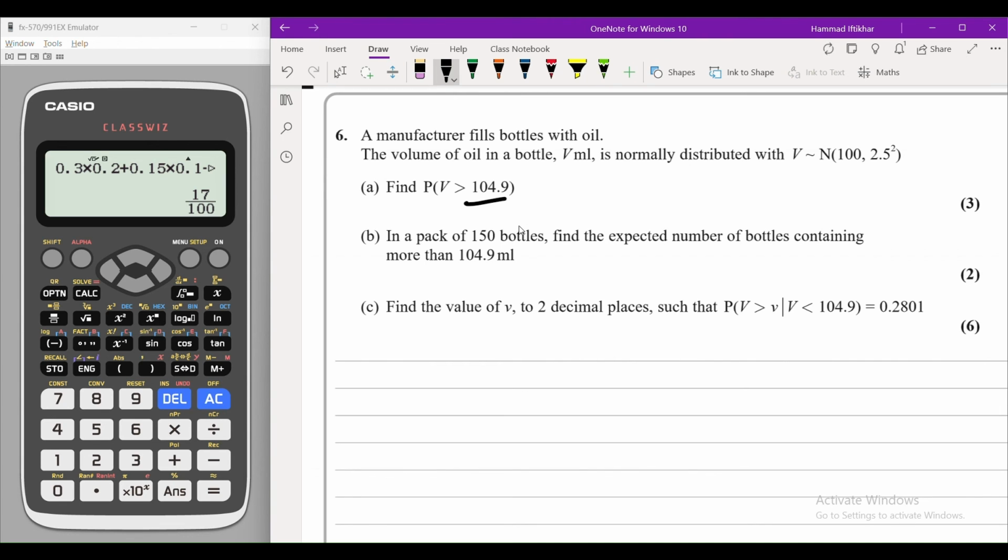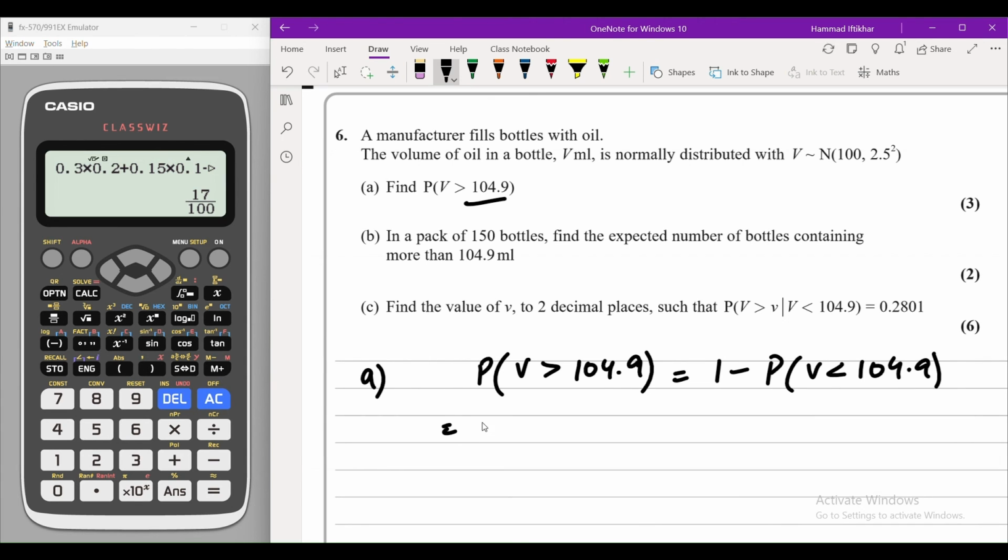Find the probability of volume greater than this. Okay, so straightforward. V greater than 104.9 is equal to 1 minus the probability of V less than 104.9, and this can be converted into standardized form.